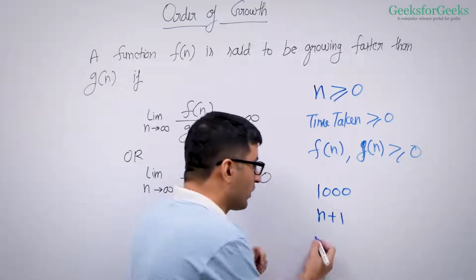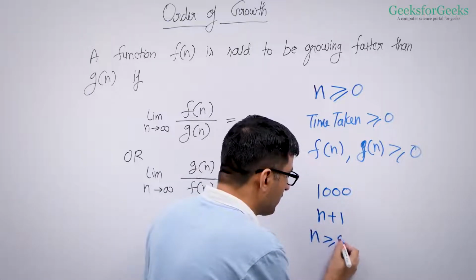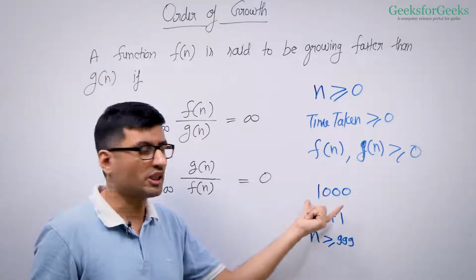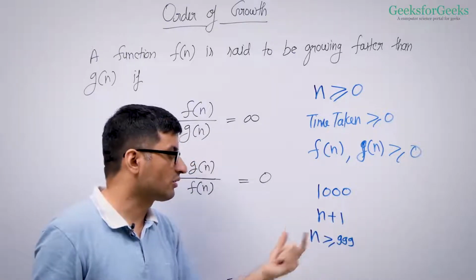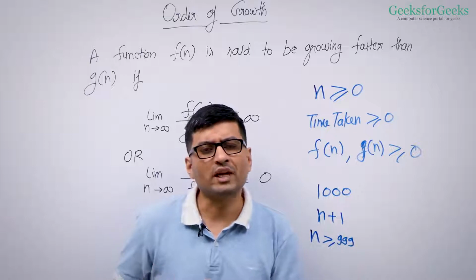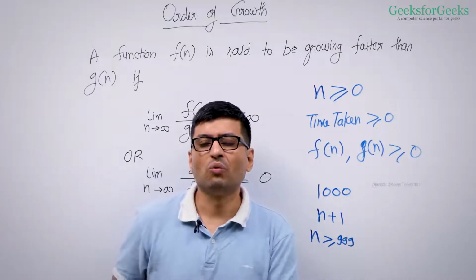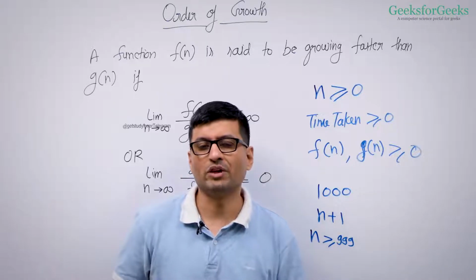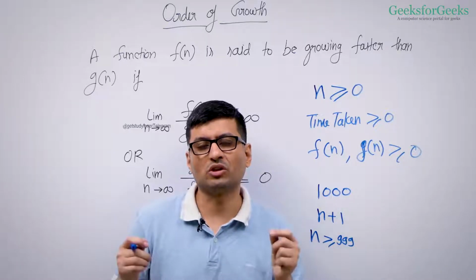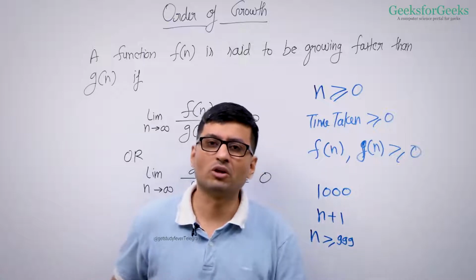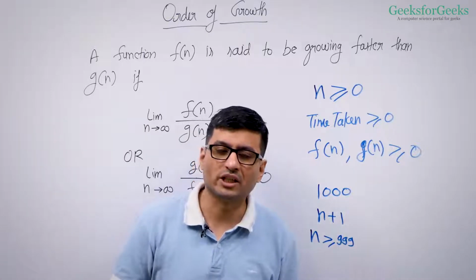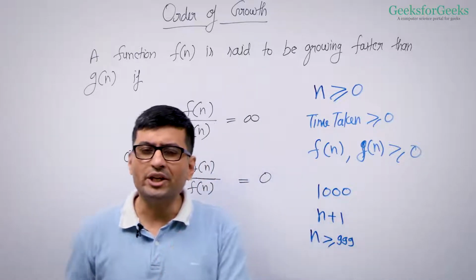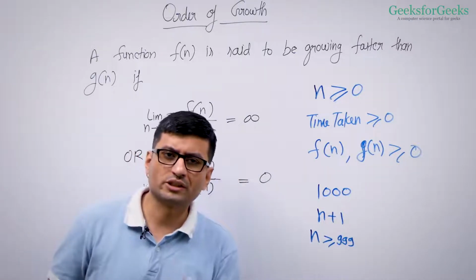We saw that only when n becomes greater than 999 does the other algorithm start taking less time. Now imagine an environment where your n never reaches more than 999. When you were comparing your constant program with your friend's program, suppose input size never goes beyond 999. So that's a limitation of this order of growth analysis.